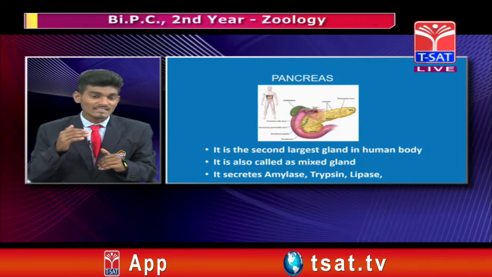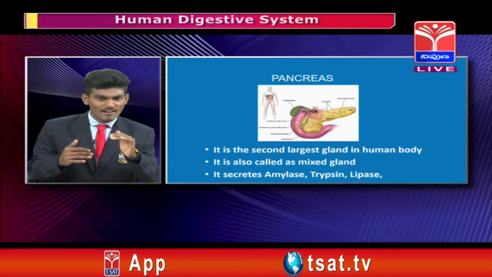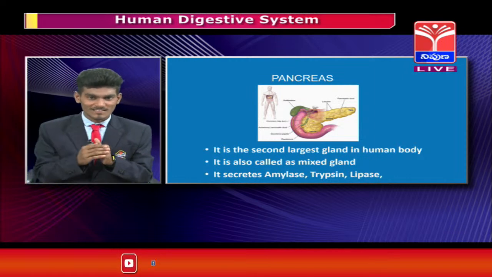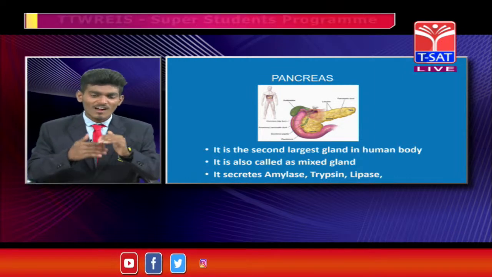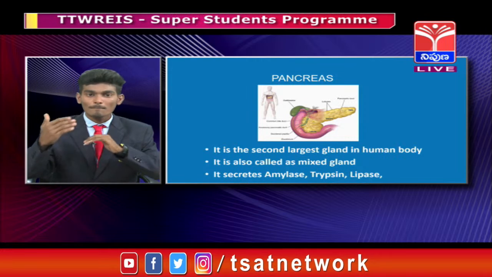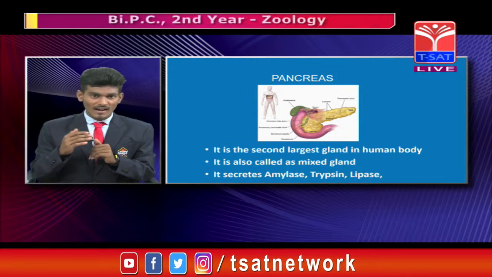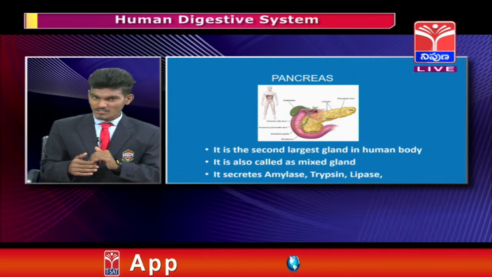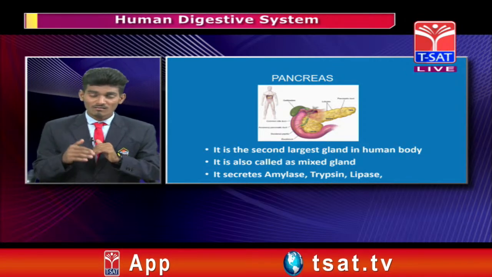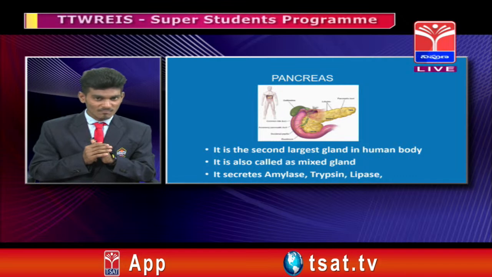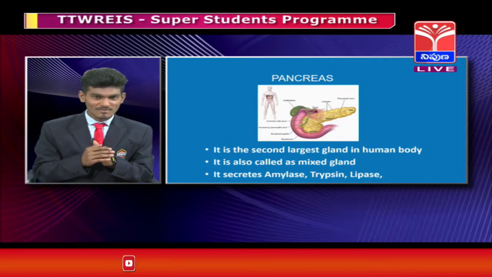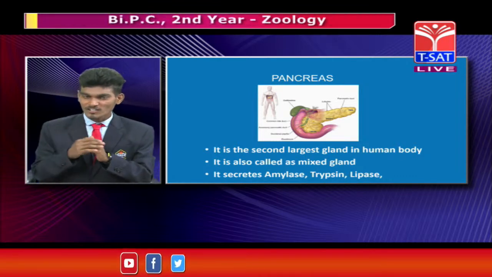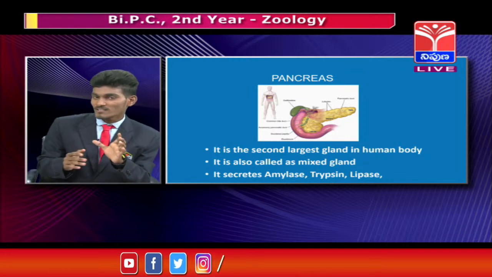Trypsin. The trypsin acts on proteins. Proteins are converted into peptones with the help of the trypsin enzyme. The lipase enzyme acts on fats.